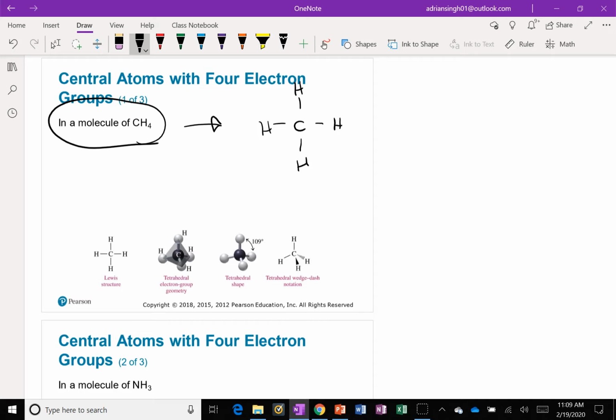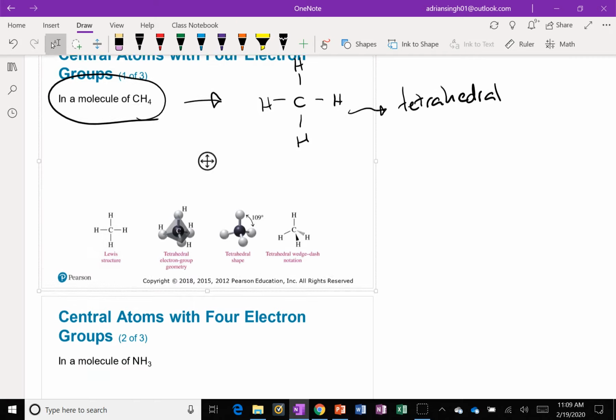It actually looks like a tripod with the head sticking out, with a carbon in the middle, and you have those 4 H's attached to it. So it's not flat, even though when you draw anything on a piece of paper, it looks flat. It's important to keep in mind that there is going to be significant 3-dimensional nature associated with a lot of these molecules. So this shape that it adopts is known as tetrahedral. That's the fancy name that we give to that tripod with the head sticking out.